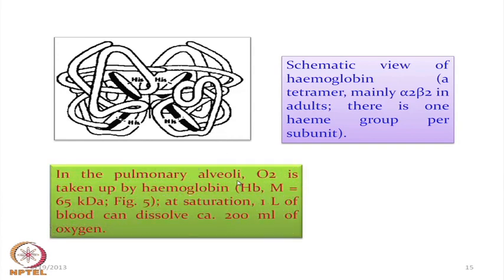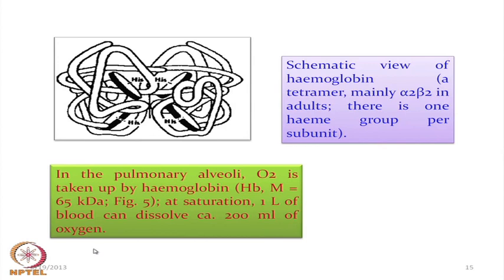So, when we inhale into our pulmonary alveoli, O2 is taken up by the hemoglobin. This is when O2 is not there; this is the form where we have the deoxyhemoglobin. And when we have saturation, 1 liter of blood can dissolve up to 200 ml of oxygen.